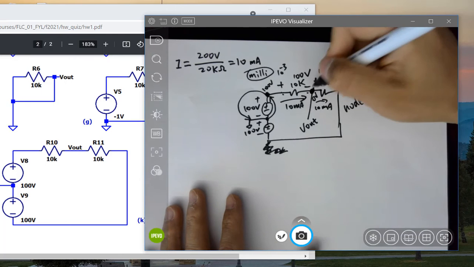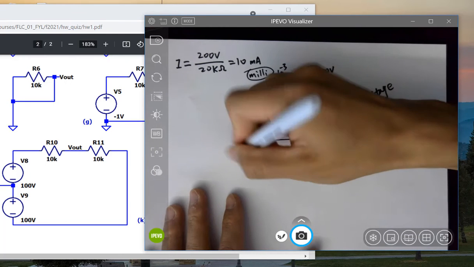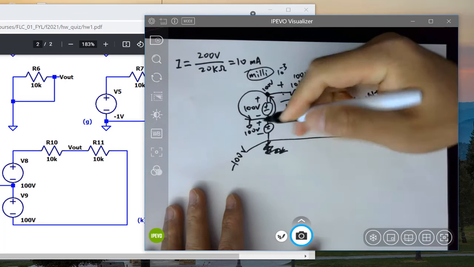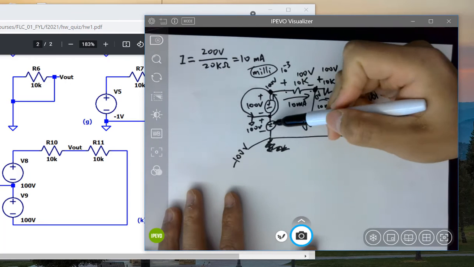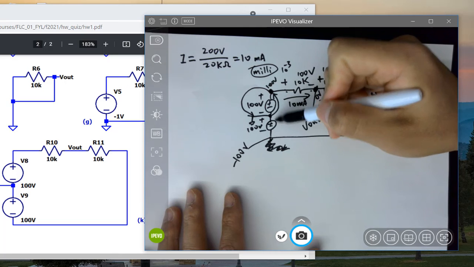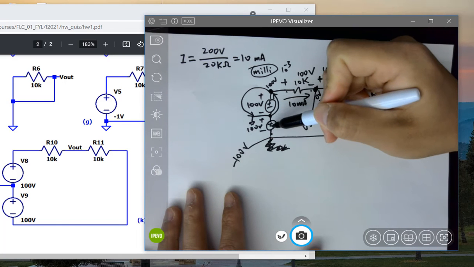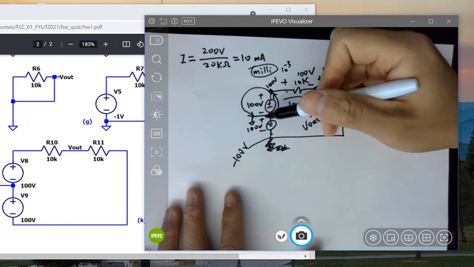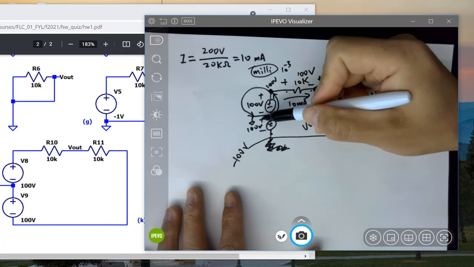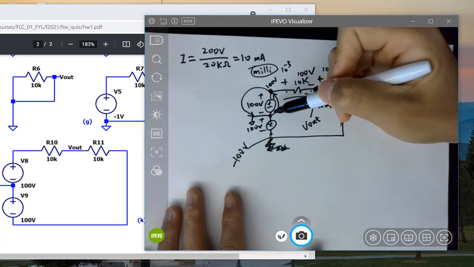So here's negative 100 compared to the ground, which makes sense because the voltage source is going to force the voltage to be dropped by 100 volts from here to here. That's designed by the engineers in the company, right? If it's designed as 100 volts from here to here, then it should be.